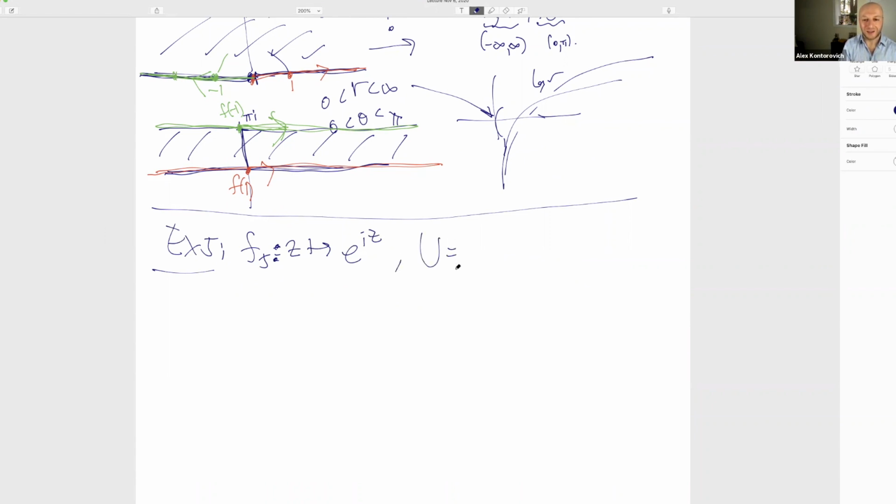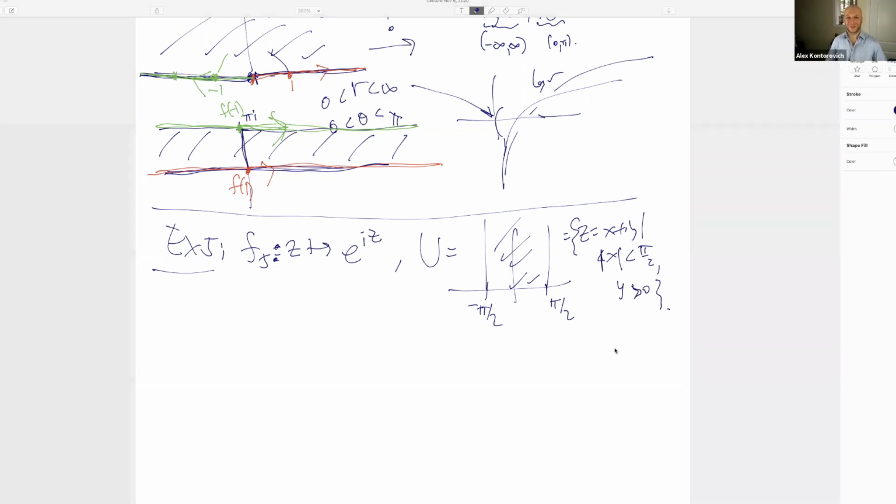And the domain, let's take minus pi over 2, pi over 2, and up. So this is z = x + iy with x between minus pi over 2 and pi over 2 and y positive. What happens to that?